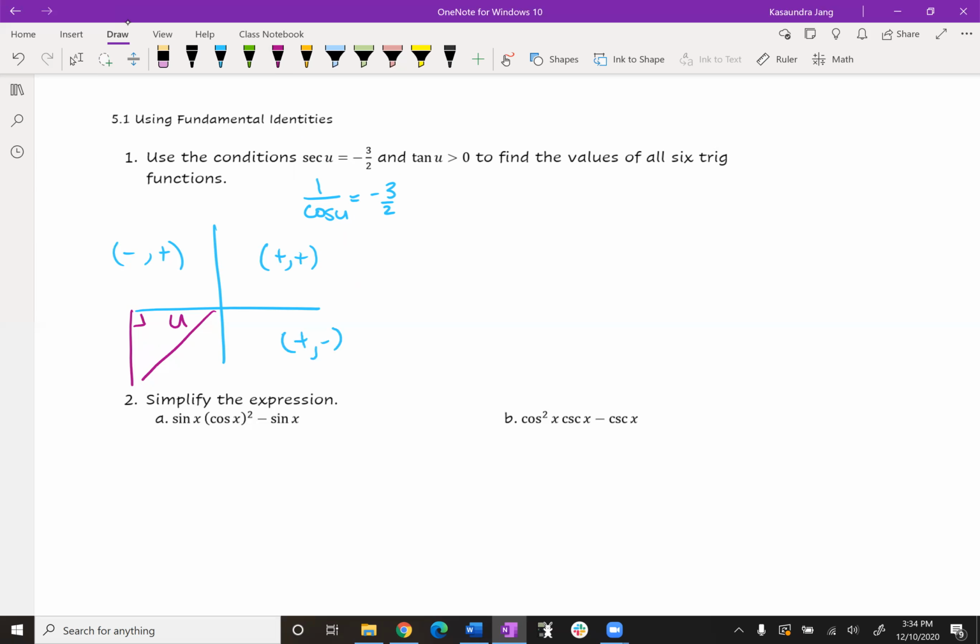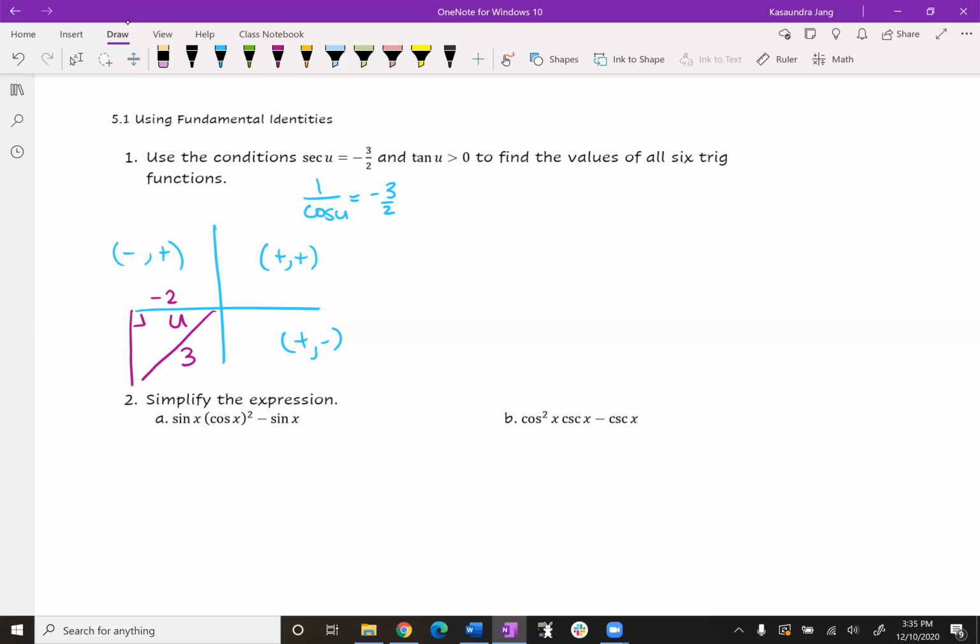Cosine is adjacent over hypotenuse. Your secant's the reciprocal. It's the hypotenuse over adjacent, which means my hypotenuse has got to be that 3, and the adjacent has to be the -2. So hypotenuse 3, the adjacent to my u here is a -2.